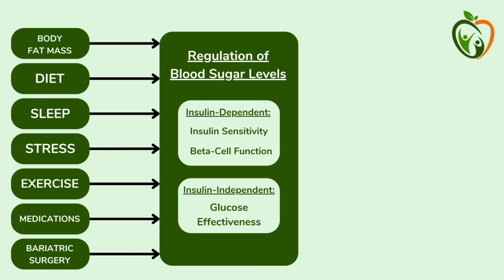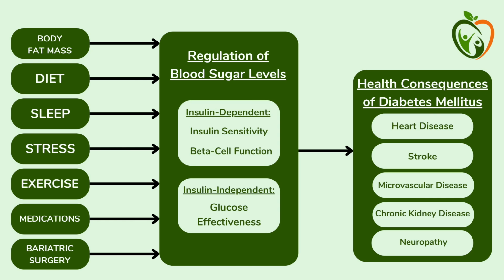We will cover mechanistic links between all of these things here on the left and blood sugar regulation to see what actually happens inside of our body that causes defects in blood sugar regulation. I also have plans for videos about the long-term health consequences of diabetes and what is known about how we can prevent and even reverse diabetes.